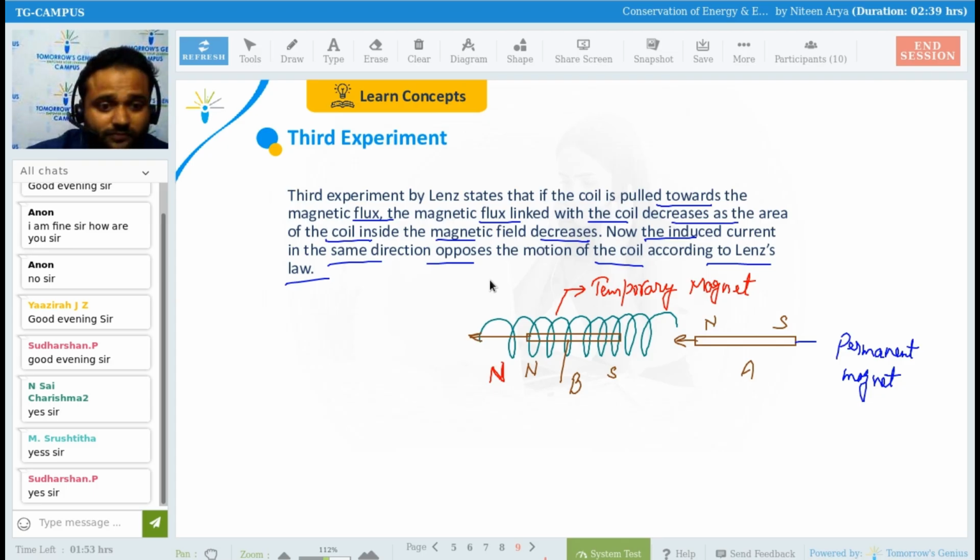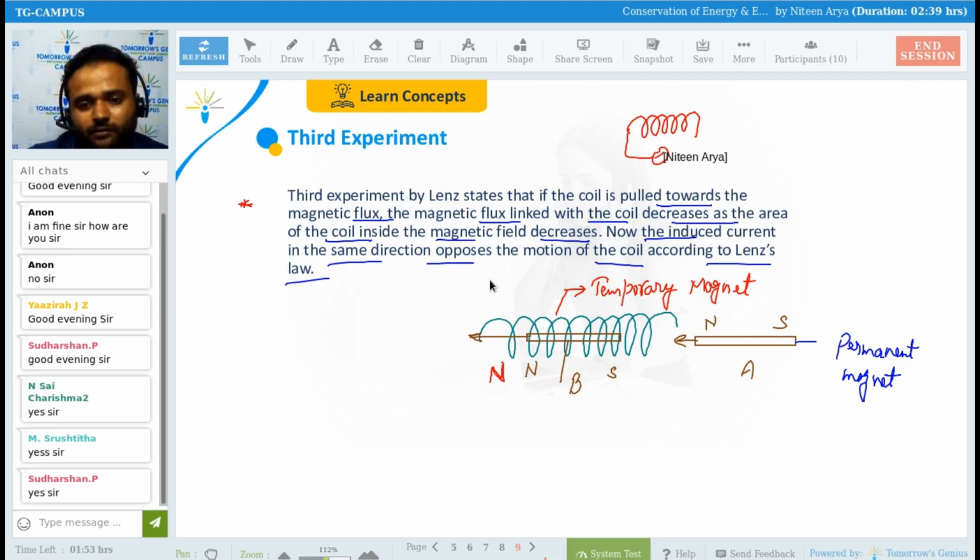Let's discuss this. The third experiment by Lenz's law states that if the coil is pulled towards the magnetic flux... Till now what we were doing was moving our magnet towards this coil. In this, they change the game, meaning they varied the motion.